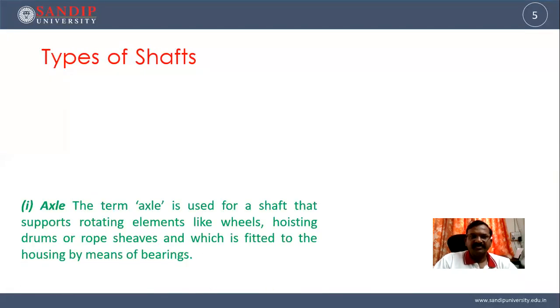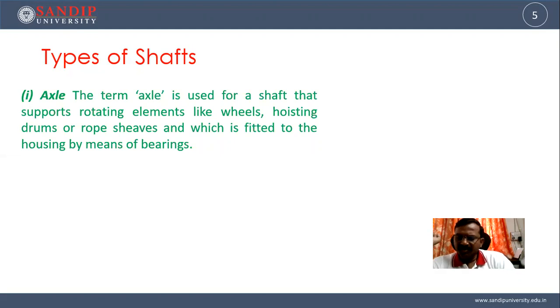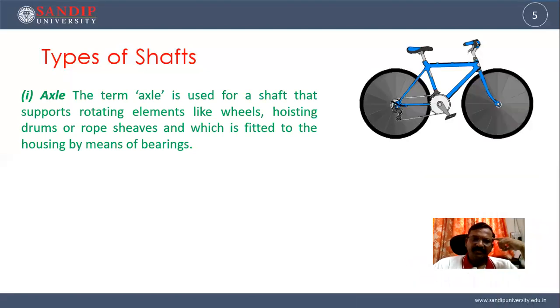Now, different types of shafts. Frequently you have come across the term axle. So what is axle? The term axle is used for the shaft that supports rotating elements like wheels, hoisting drums or rope sleeves, and which is fitted to the housing by means of bearings.